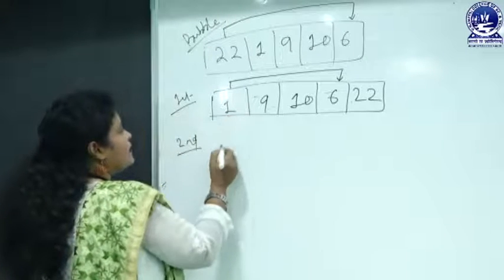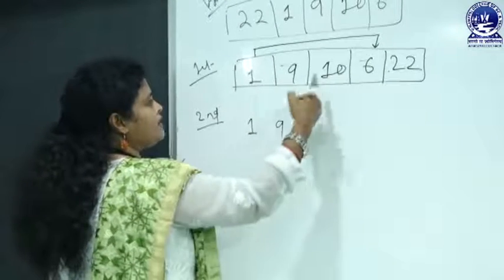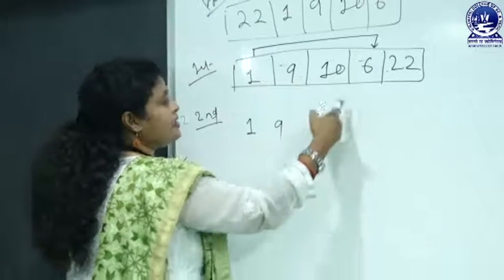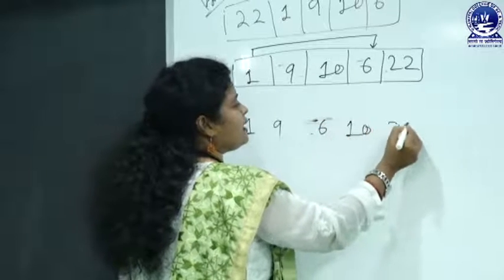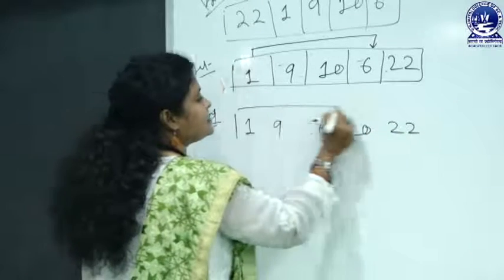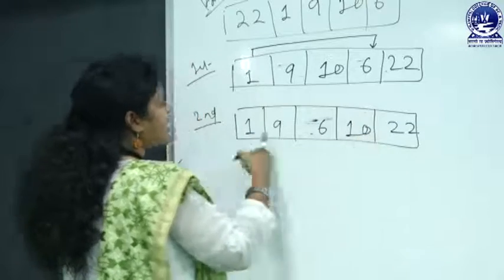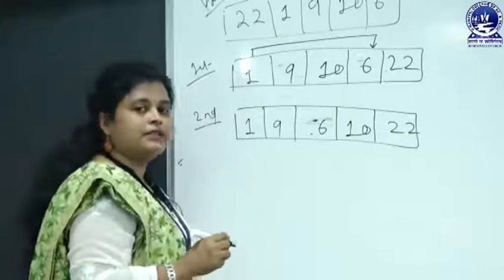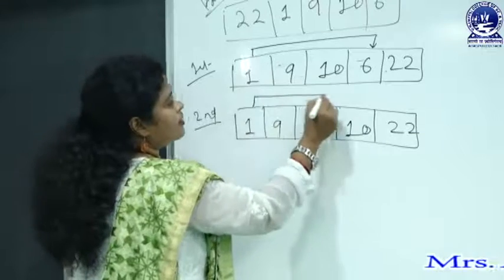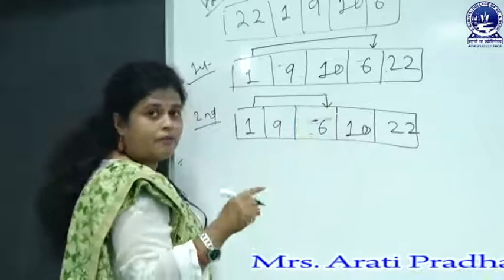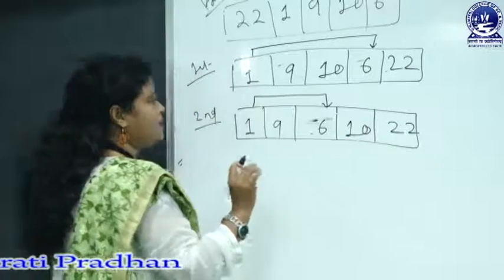So, 1 with 9, 1 is at its proper position, then 9 with 10, proper position, 10 with 6, again swapping, 6 will be here, 10 will be here, and 22 is as it is in its position, no problem. Then after the second iteration, what will we do in the third iteration? We will take from this point to this point, because 10 is at its proper position.